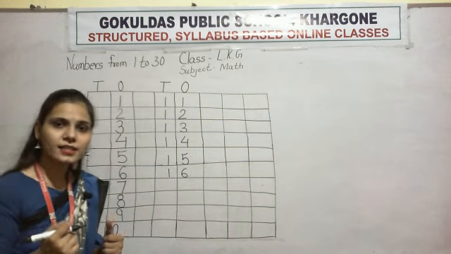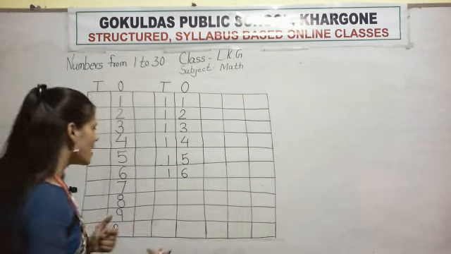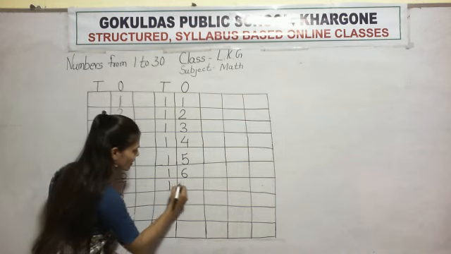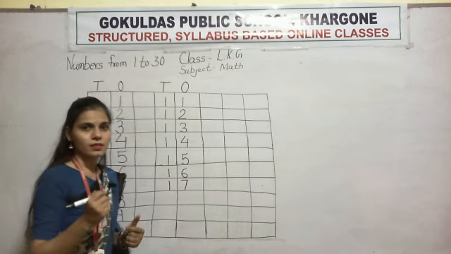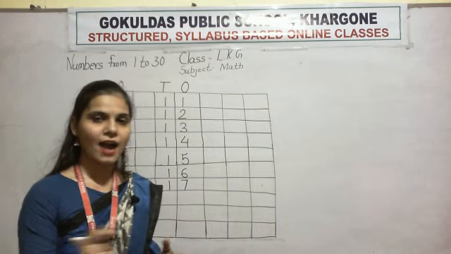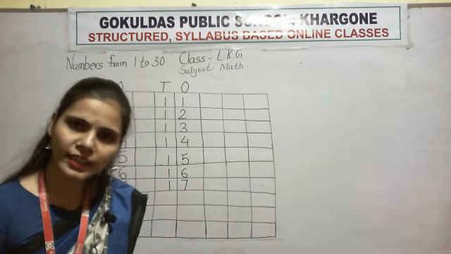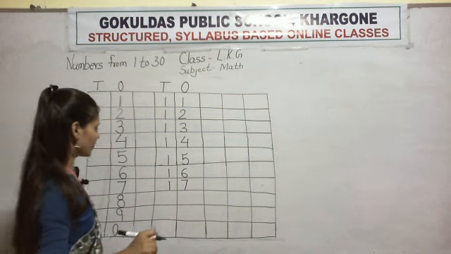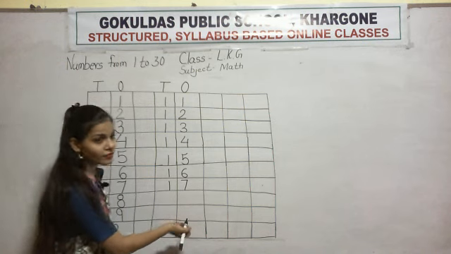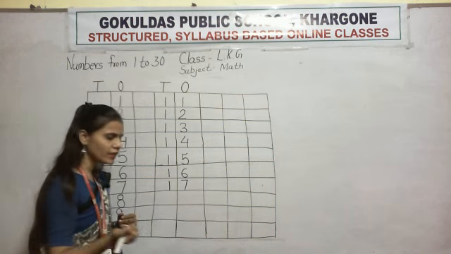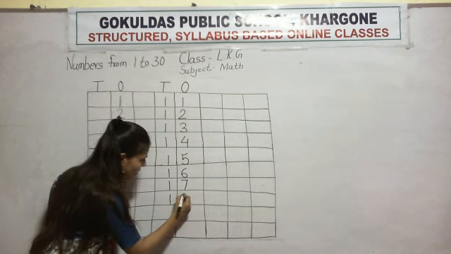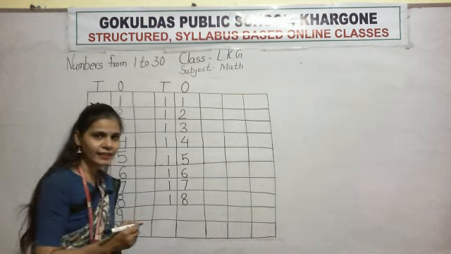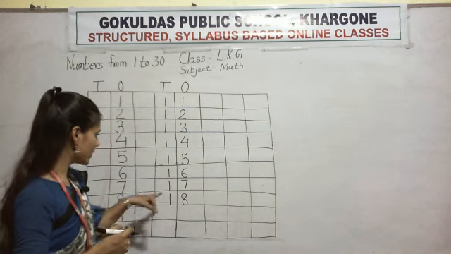After 15, 16 will come. After 16, which number will come? We write here 1, 7, 17. After 16, 17 will come. Now, after 17, which number will come? So here we write 1, 8, 18.